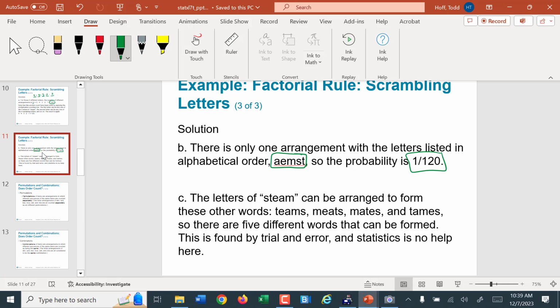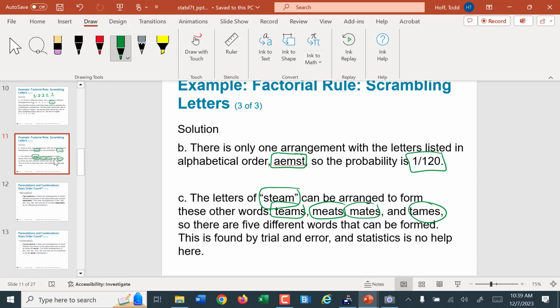The factorial doesn't help us calculate how many different words we can form with those letters. We have to just scramble and unscramble them to see how many different words we can make. We got teams, meats, mates, and tames are the words we were able to find. There's 4 of them, plus steam itself, for a total of 5 words that we can form with those letters.